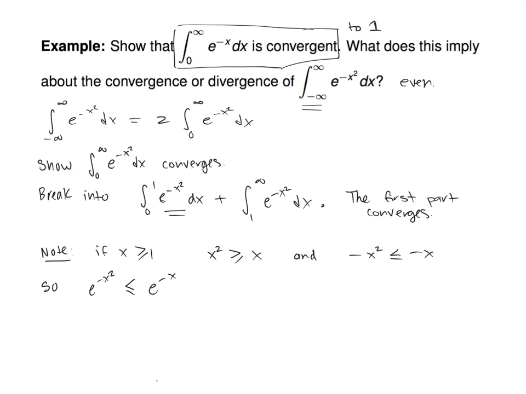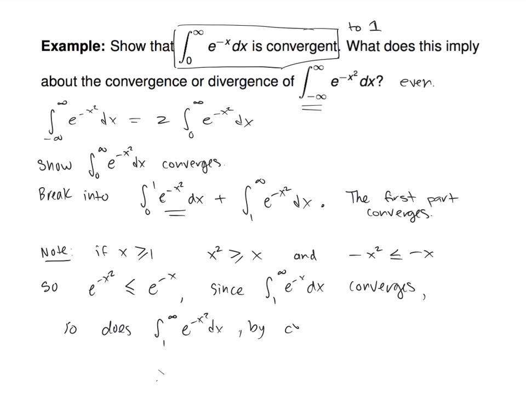Do you buy that? Because e to the x is an increasing function. If you plug bigger numbers into it, they're larger than plugging smaller numbers in. And then since the integral from 1 to infinity of e to the negative x dx converges, so does the integral from 1 to infinity of e to the negative x squared dx by comparison.